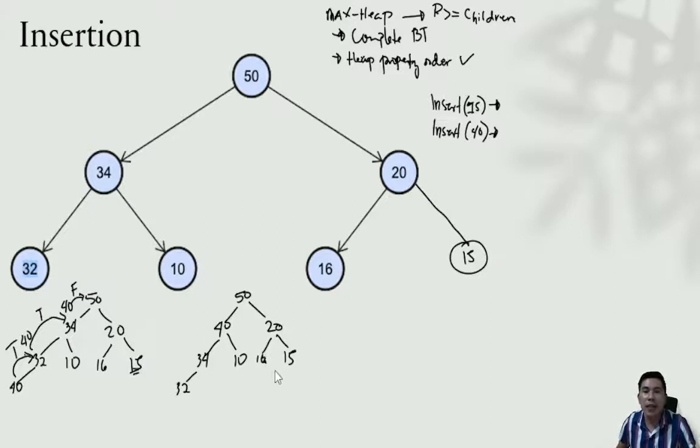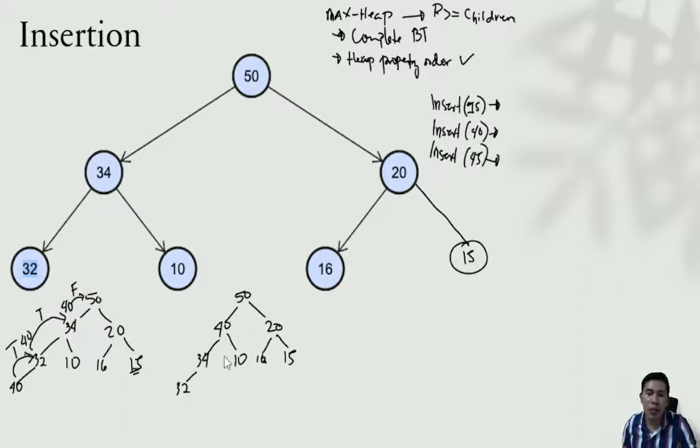So next, let's say we are going to insert more. Let's say we are going to insert 45. This is now the recently constructed binary heap. So insert 45.